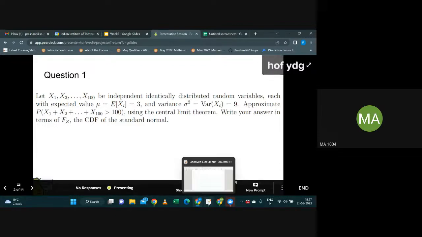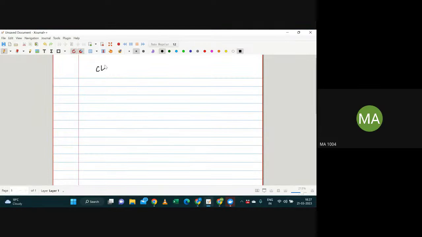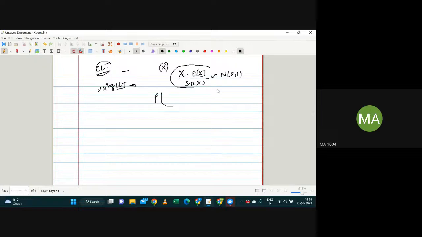So basically, what is the meaning of CLT? Suppose I have a random variable X. Then X minus expected value of X, divided by the standard deviation of X, will follow the standard normal. While using the CLT, you can consider it a standard procedure: convert the equality or inequality inside the bracket into the form of the standard normal.